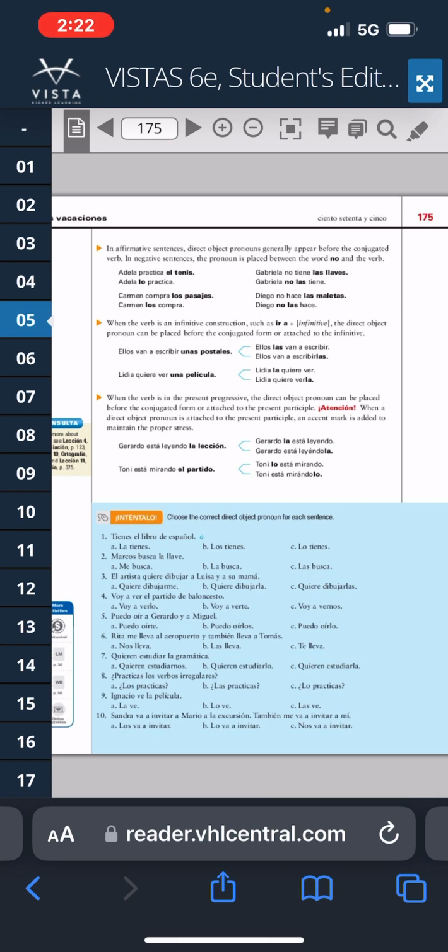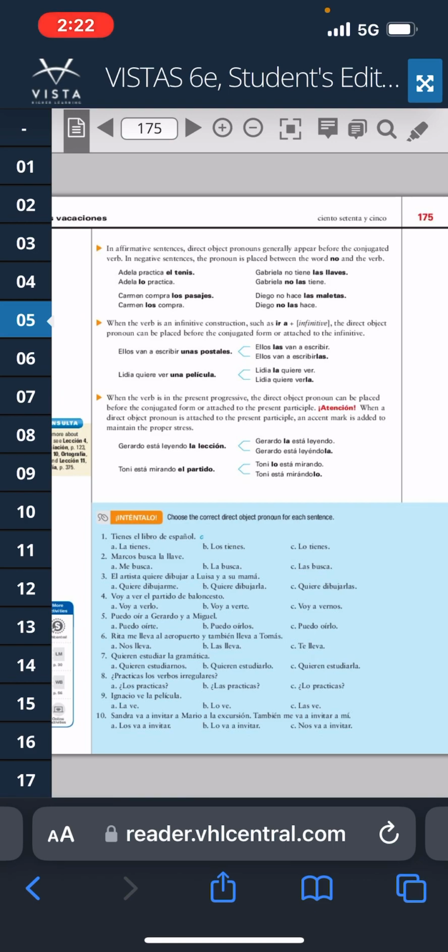Ellos van a escribirlas. I like to always attach it to the end just to be consistent. Linda quiere ver una película. Linda la quiere ver. Linda quiere verla.